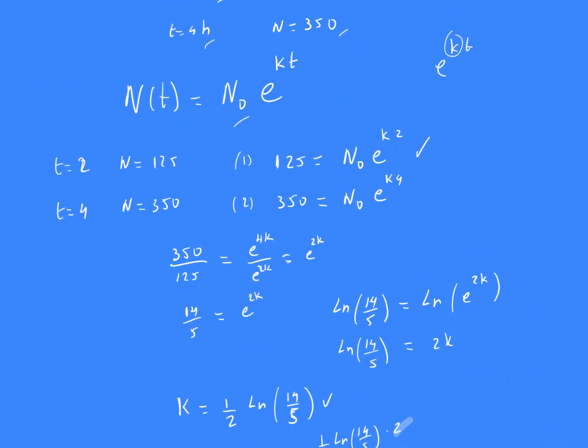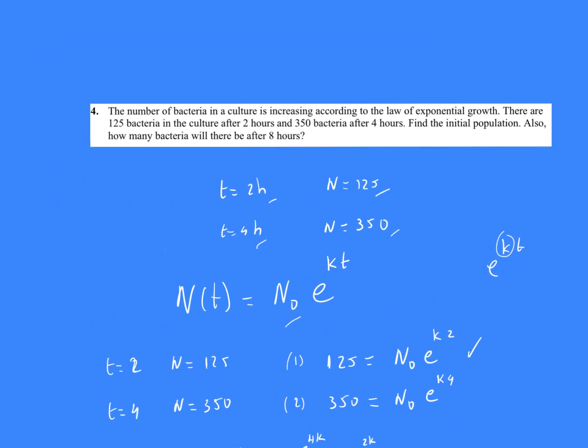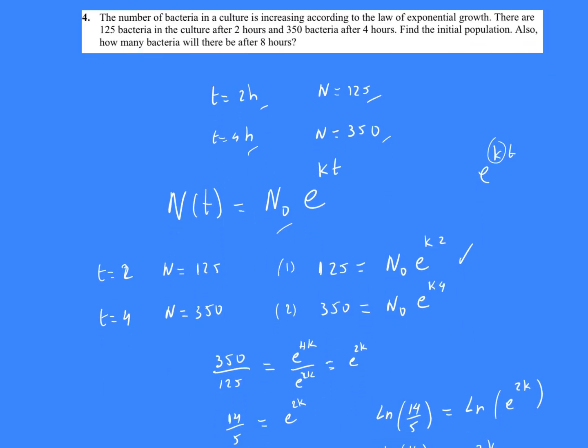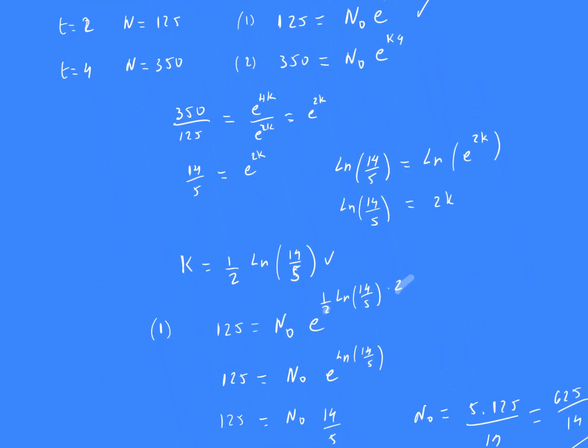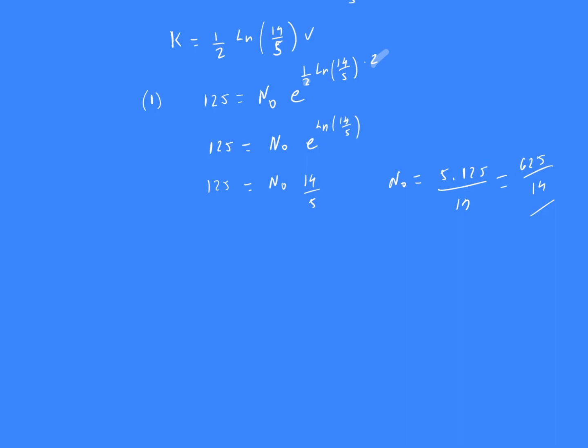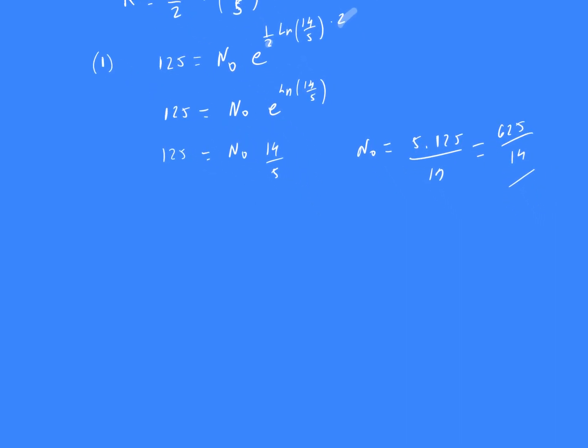Now question 2 says, find the initial population, which we already found. Also, how many bacteria would there be after 8 hours. So it's an exponential growth. It's something that is amazing. It will surprise you, the exponential growth. So N of t is N0 e to the kt.